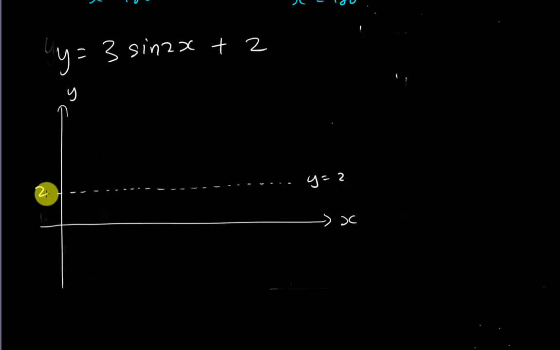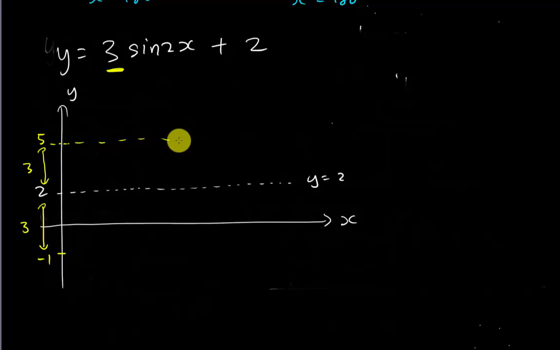Then I will use back the same thing. Just now I know 3 is my amplitude, so I will add 3 units over here. 2 plus 3 units is 5, and 3 units here also. 2 coming down 3 units will be -1.